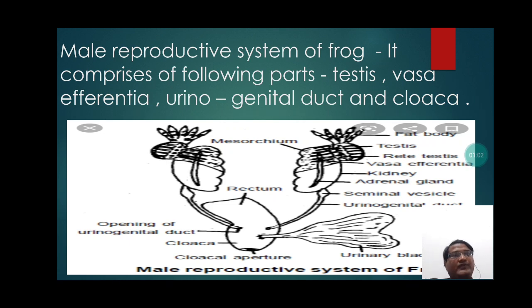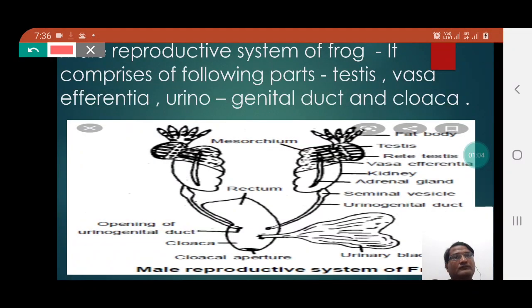Students, we know that male reproductive system mainly comprises of testis and penis in human beings. But students, here in frog we don't find penis, rather we find cloaca instead of penis.